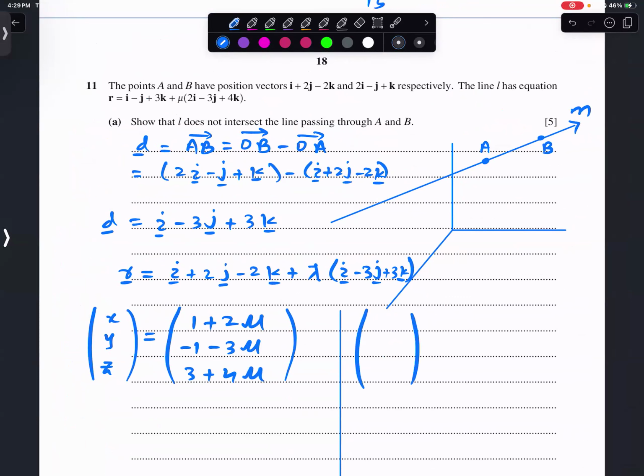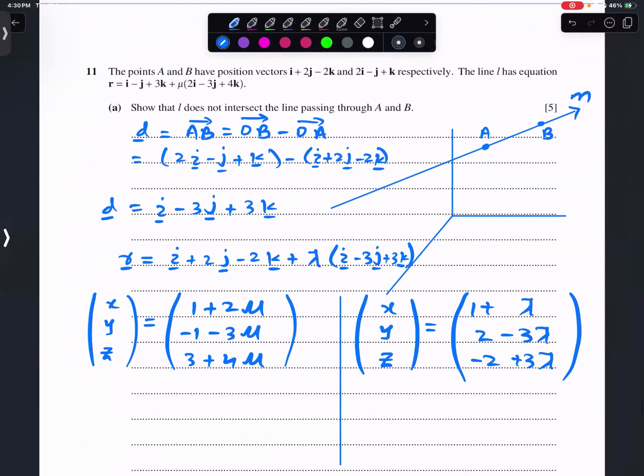Again, line M in X, Y, Z is equal to 1 plus lambda, 2 minus 3 lambda, minus 2 plus 3 lambda.